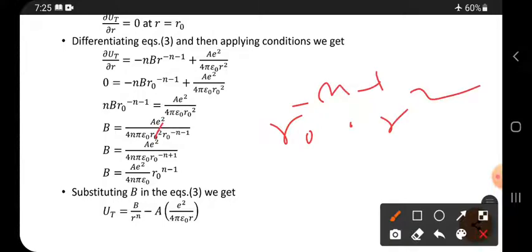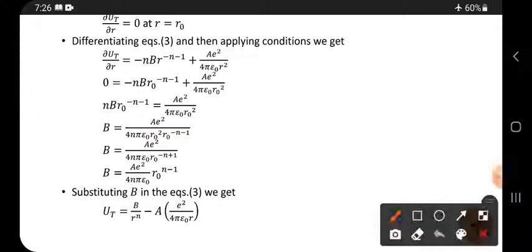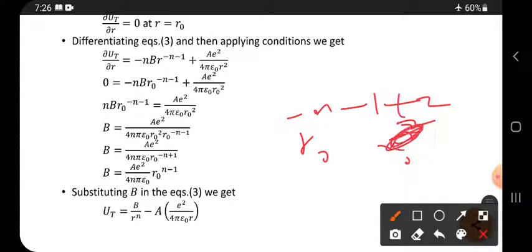So this r power 2, it is this one, and r power, it is minus n only, minus 1 plus 2 plus 1. Okay, r power minus n minus 1, r naught power 2. The 2 here, simply write plus 2 by removing this one.